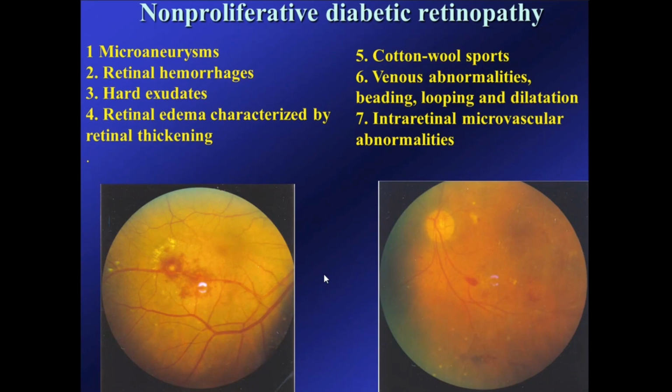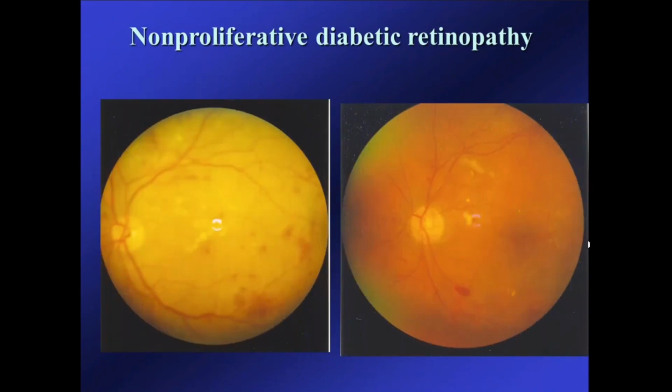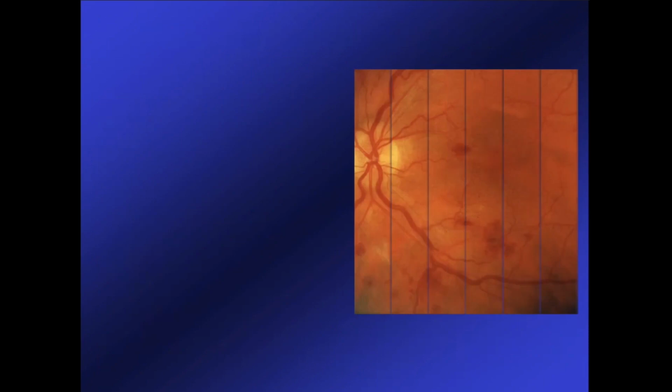On this picture, you can see examples of non-proliferative diabetic retinopathy. You can see here hemorrhages, hard exudates. Some more examples of the fundus of the eye. You can see again hemorrhages. You can see how a dilated vein looks.